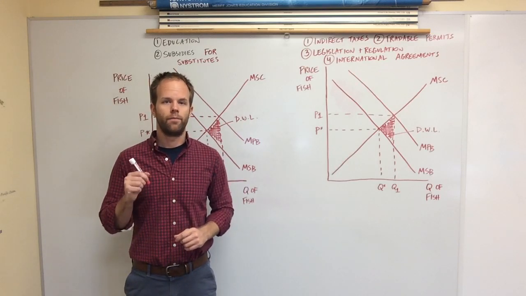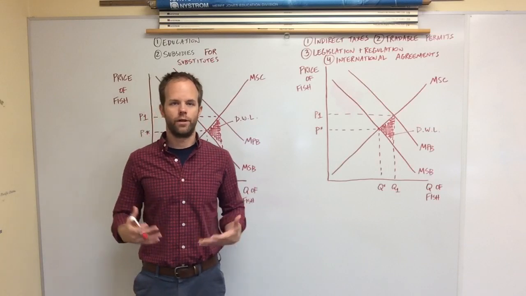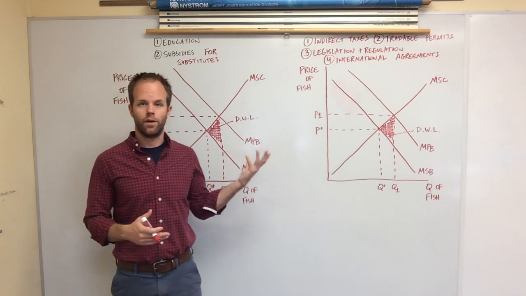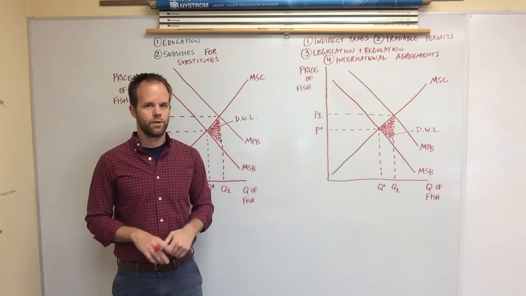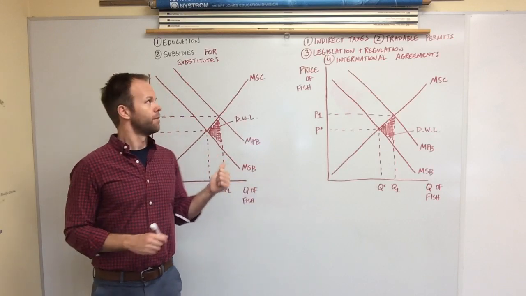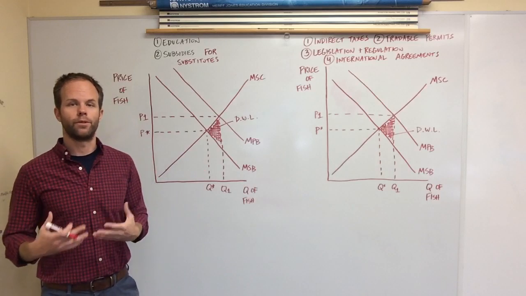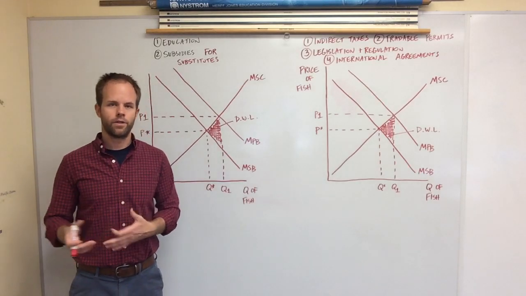So there are really two things we can do with market forces to try to limit the consumption of something that's causing a negative externality, regardless of what the cause is. First of all, we can try to impact demand. We can try to get people to consume less of that thing by decreasing demand.